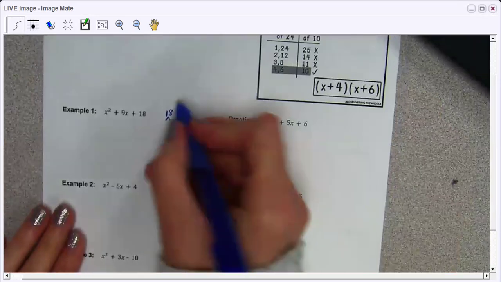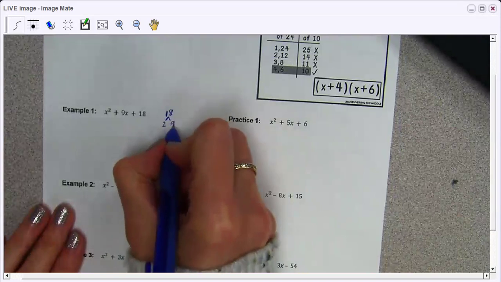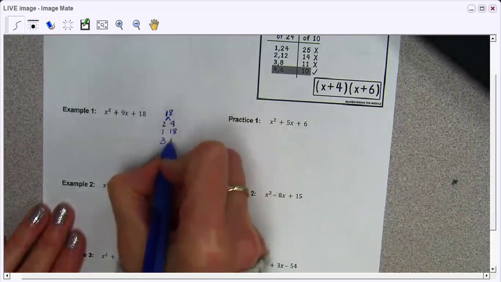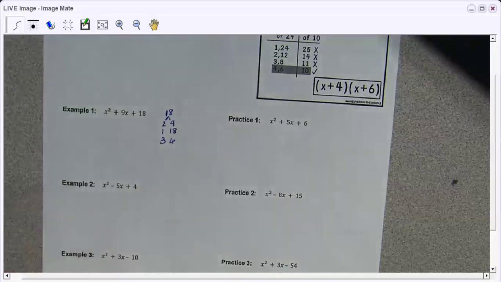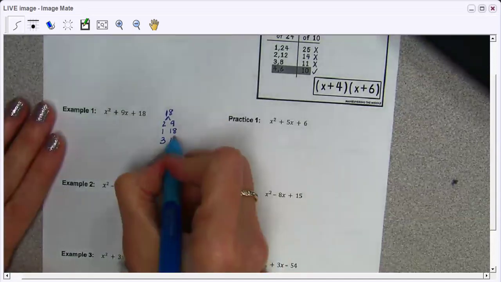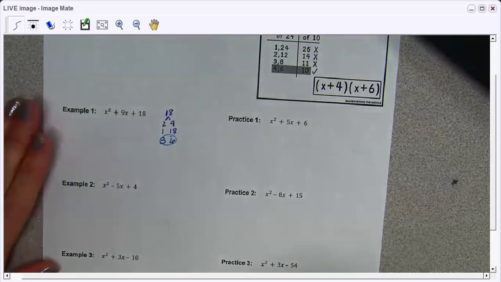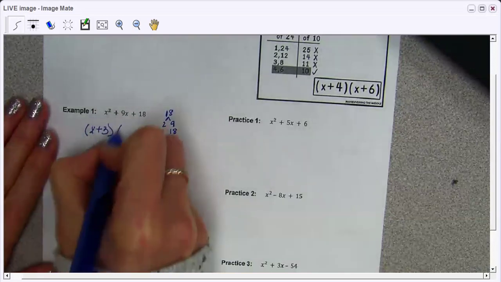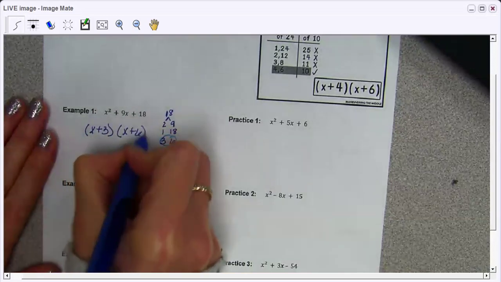So if I write out my factors of 18, I have 2 and 9. I also have 1 and 18, and I have 3 and 6. And looking at those factors, which two factors add up to 9? 3 and 6. And so the way that you would write this would be x plus 3, x plus 6.